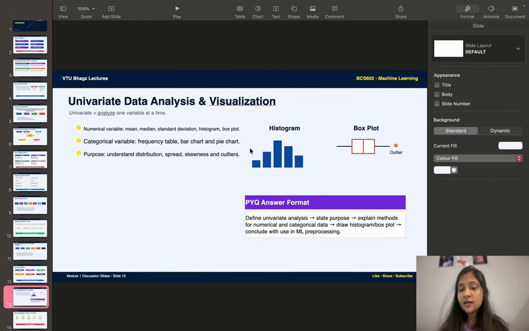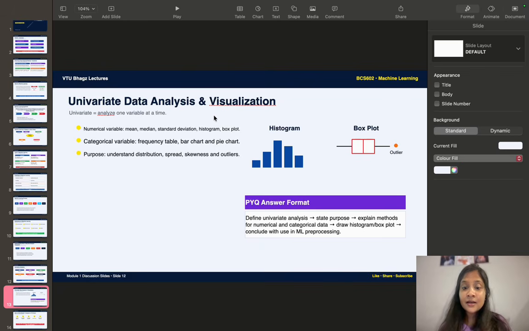For numerical data we can use mean, median, mode, histogram, box plot, and density plot. These are the plots which you can explain for data analysis and visualization.